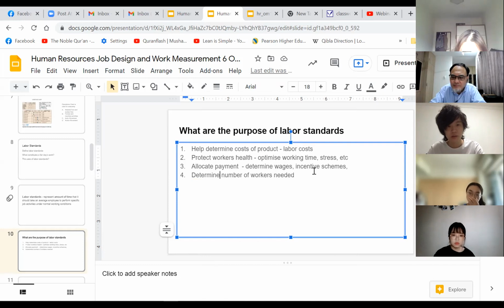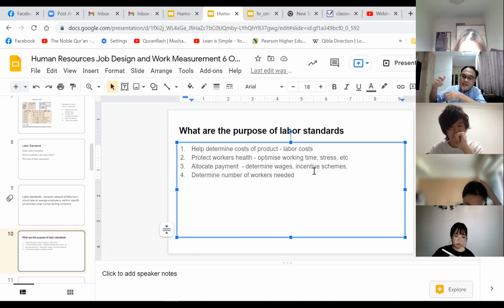So you need the time for each work, then only can you determine the number of workers needed in the production line. The production line has you install tires, you install brakes. This is the length of the production line, and there are 2 workers for each station. So how many stations do you need? You need the time, then only can you determine the number of workers.